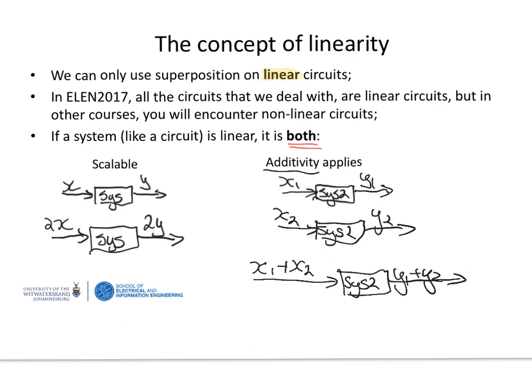And that's important because this principle implies that for a linear circuit, we can consider each of the sources one at a time, and then to get the overall effect of all the sources on the circuit, we can just add those results to each other.